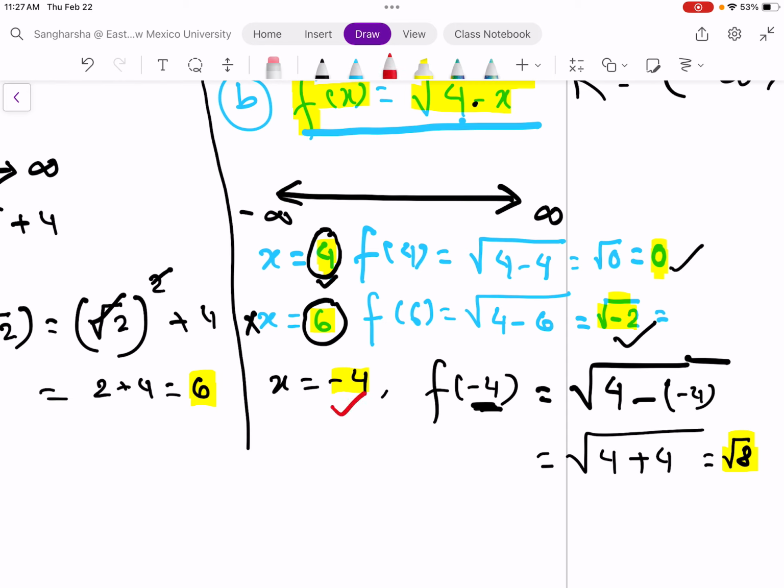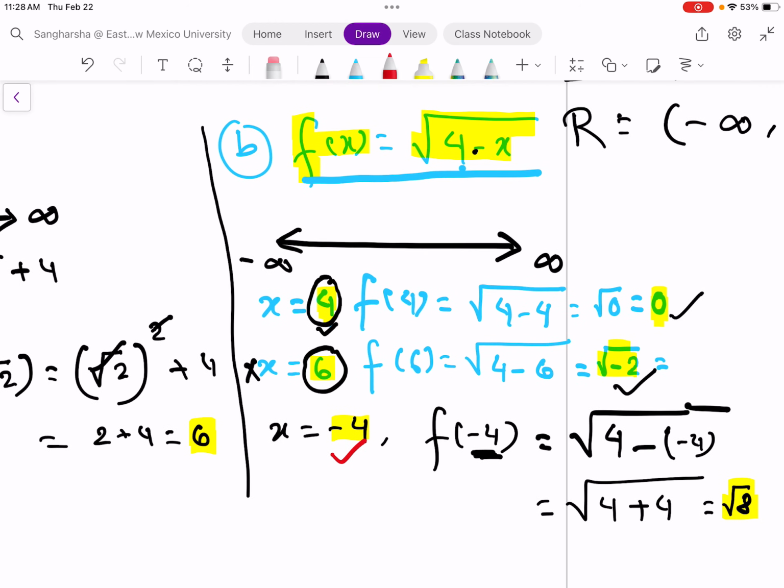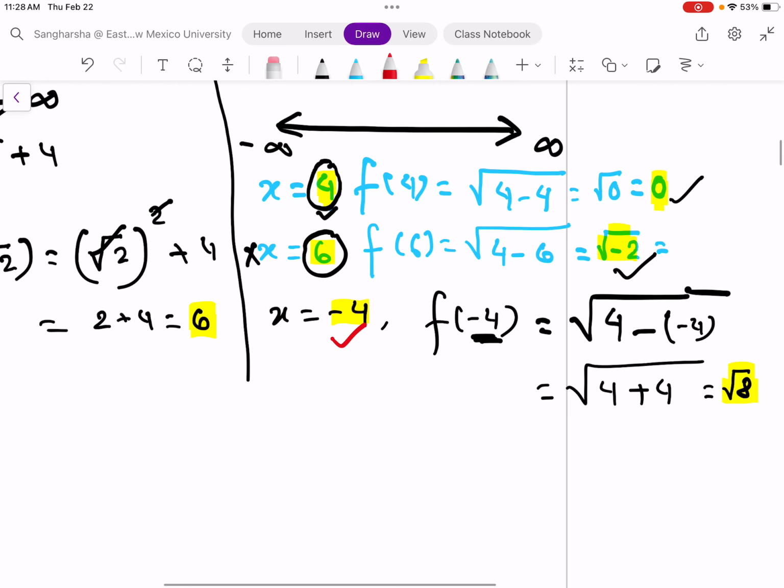Now, what kind of function is this? Can you try to name this function from this expression? What would be the name for this type of function? Radical function. And let's be more specific. We have a square root, so this is a square root function. If you have a square root function, let me write it in general.